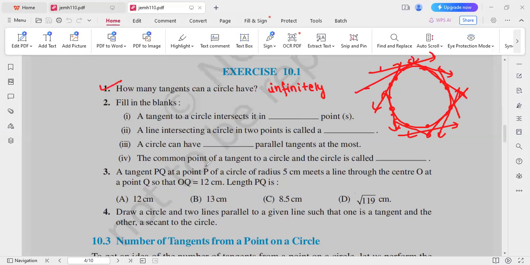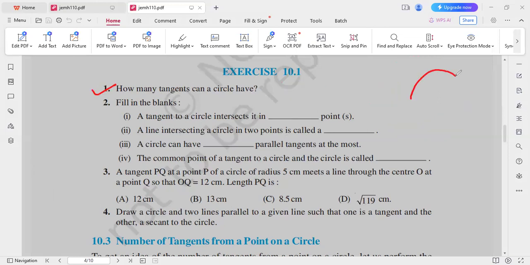This is done. A tangent to a circle intersects it in dash point. How many points? The question says a tangent to a circle. Suppose you have a circle.